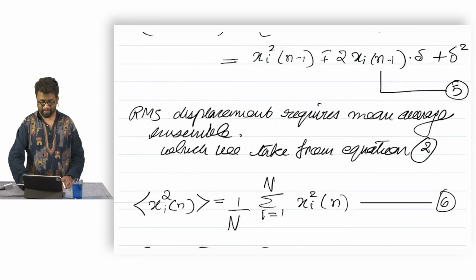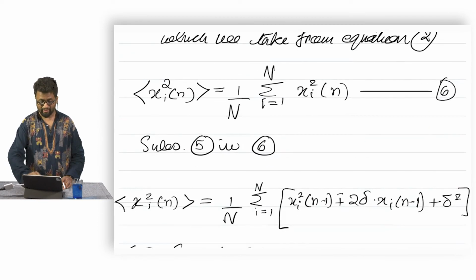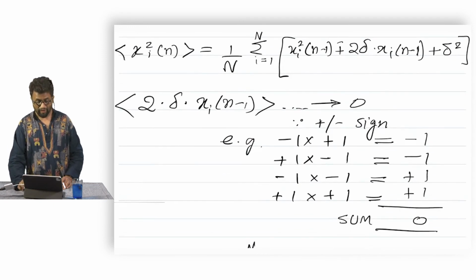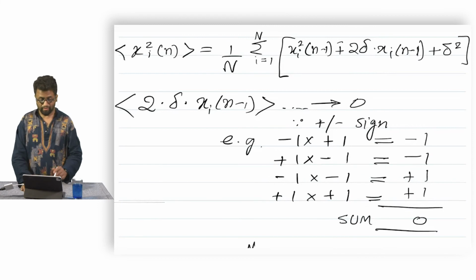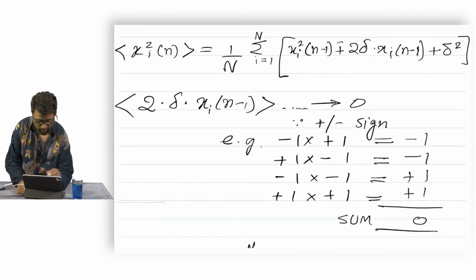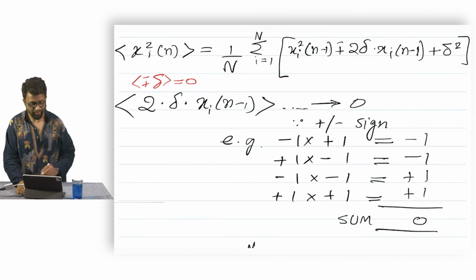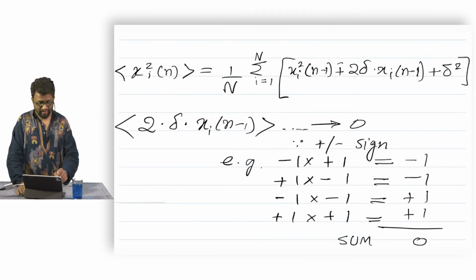Basically we are taking the right hand side and putting it inside the summation sign, and we get this term here. We had already shown that delta average is equal to 0. Now we say 2 delta x_i(n-1) tends to 0.